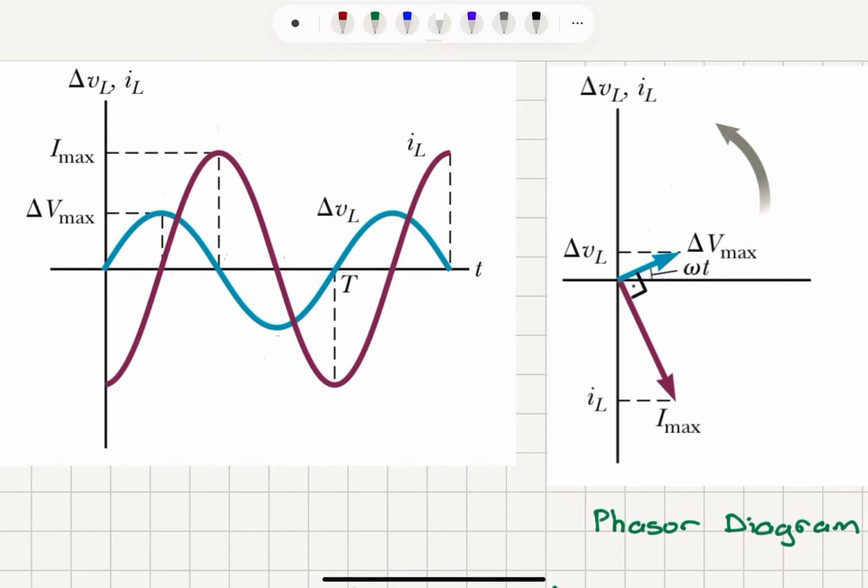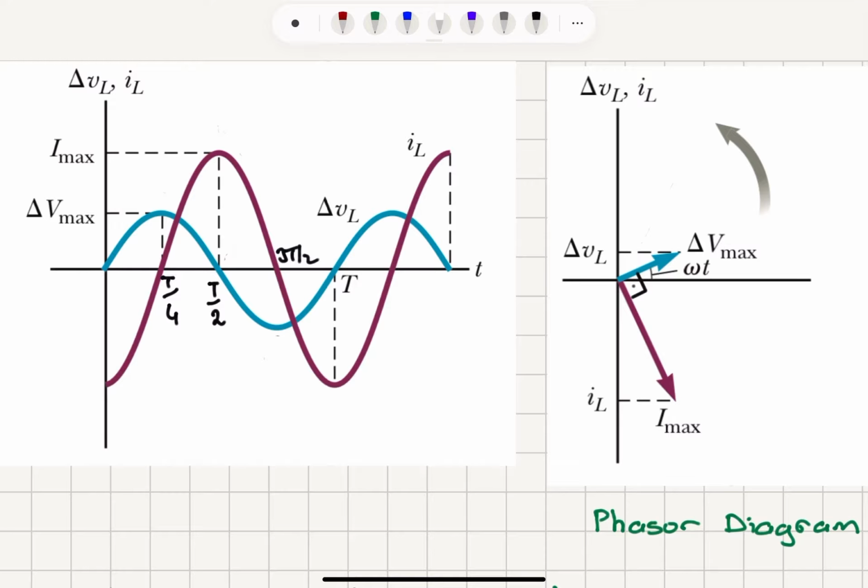It's going to take a quarter of a cycle for the current to reach 0. The current was already at 0 at t equal to 0 for the voltage. The marks are at T over 4, T over 2, 3T over 2, and the full cycle T.